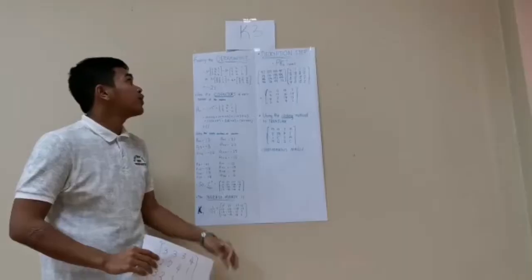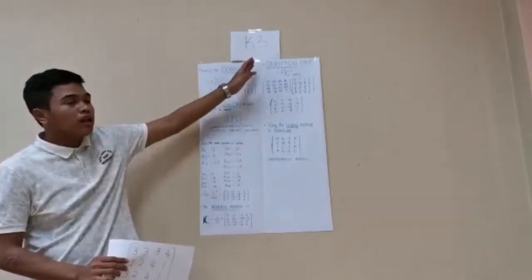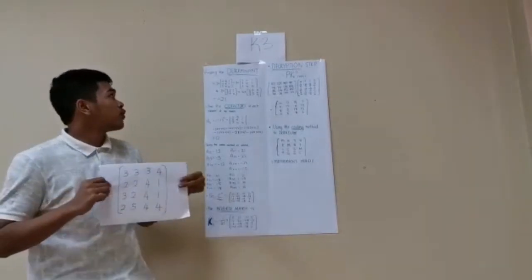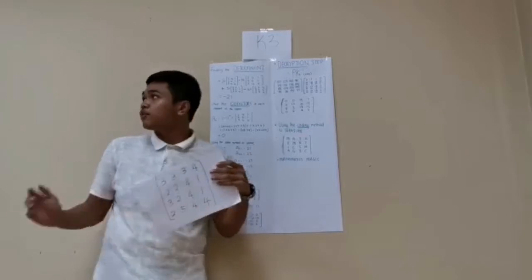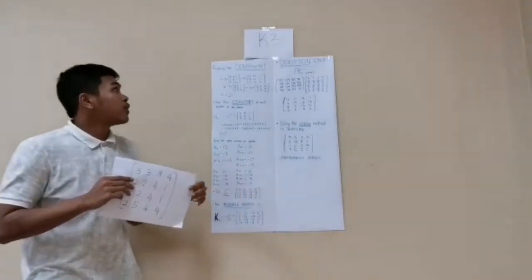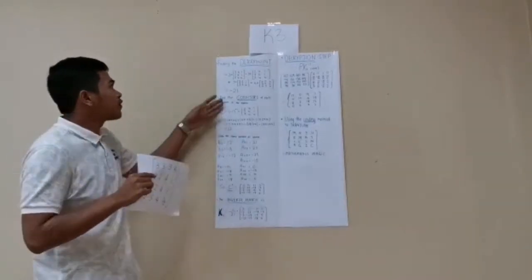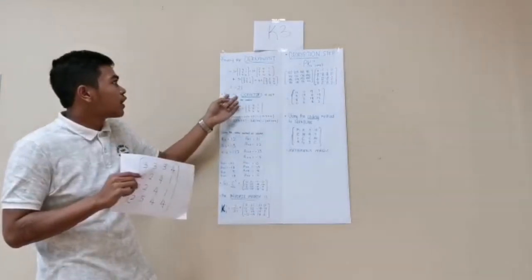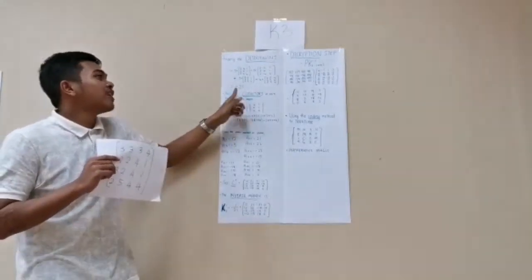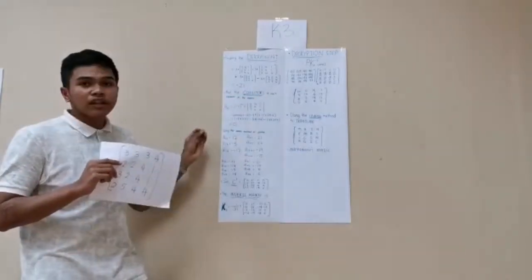The next question, we use the matrix K3, which is given like this. For K3, I will use the same method as K1, which is the adjoint method. To solve using the adjoint method, we must find the determinant first. For finding the determinant, I got the answer negative 21. Next, we find the cofactor of each element in the matrix.